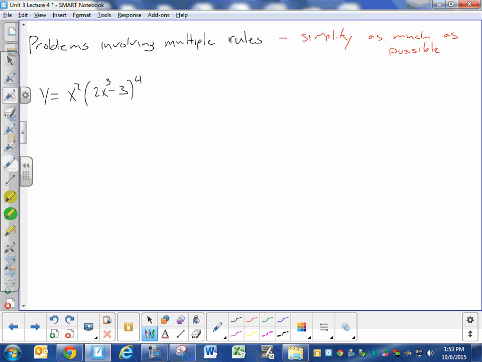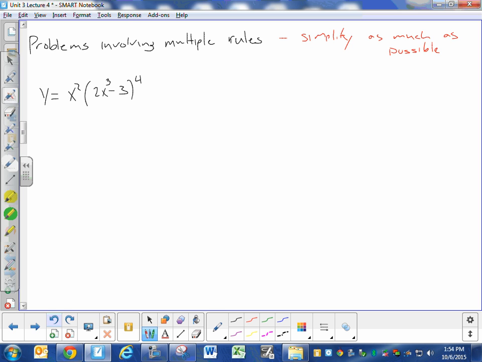Now, first thing, we've got to know what we're dealing with. We have x squared times (2x cubed minus 3) to the 4th power. We should know just by looking at this that I cannot distribute this x squared into those parentheses, right? Order of operations says I'd have to take that stuff to the 4th power first before I distribute that x squared. So this is out.